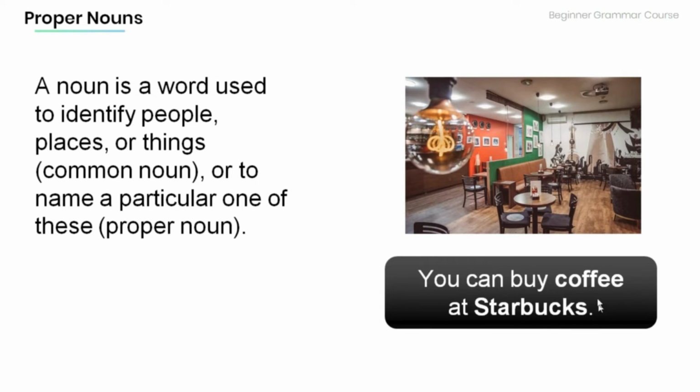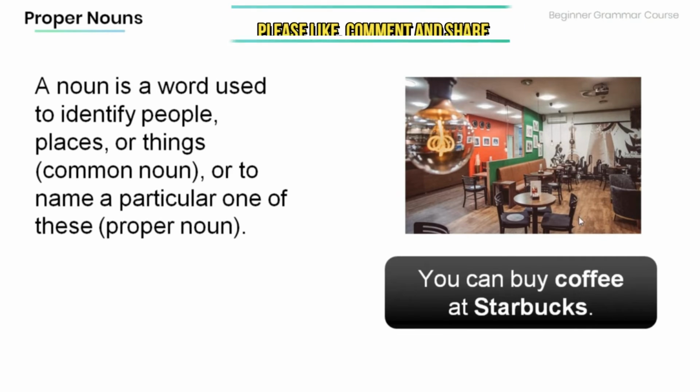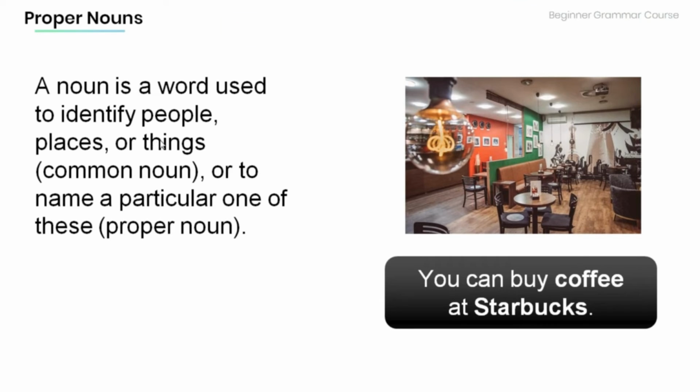Now the word Starbucks is a proper noun because it is a word used to name a particular place. And on the other hand, the word coffee is a common noun because it is a word used to identify a thing.